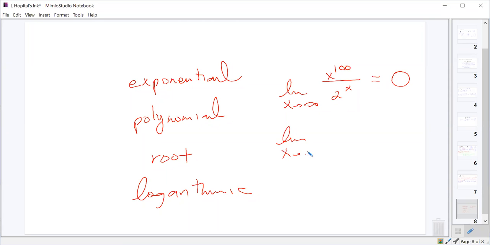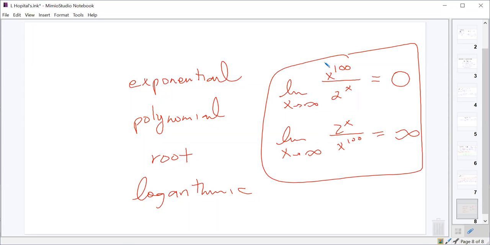But if I had that flipped around, 2 to the x over x to the 100, that should be infinity. Do you need to show work for a problem like that? Nope, if you just did this, that'd be good enough for me. Any other questions on that?